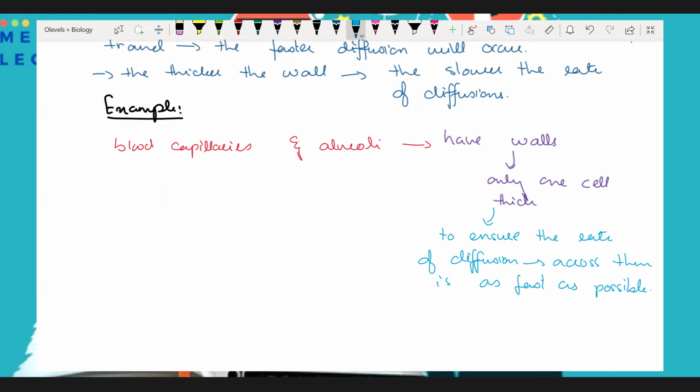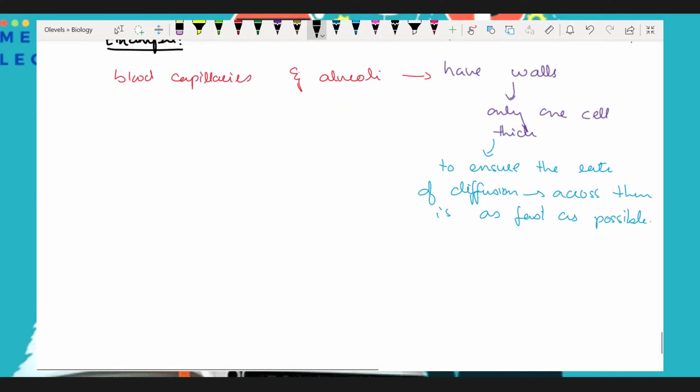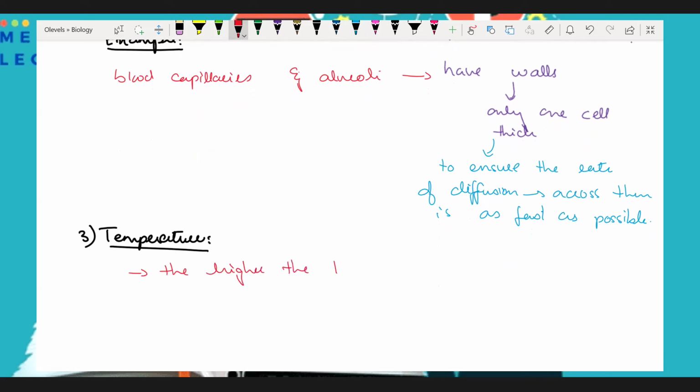Then comes temperature. Ma'am, if temperature is greater, then the rate of diffusion will be greater because of greater kinetic energy and greater particle collision. The third factor is temperature.